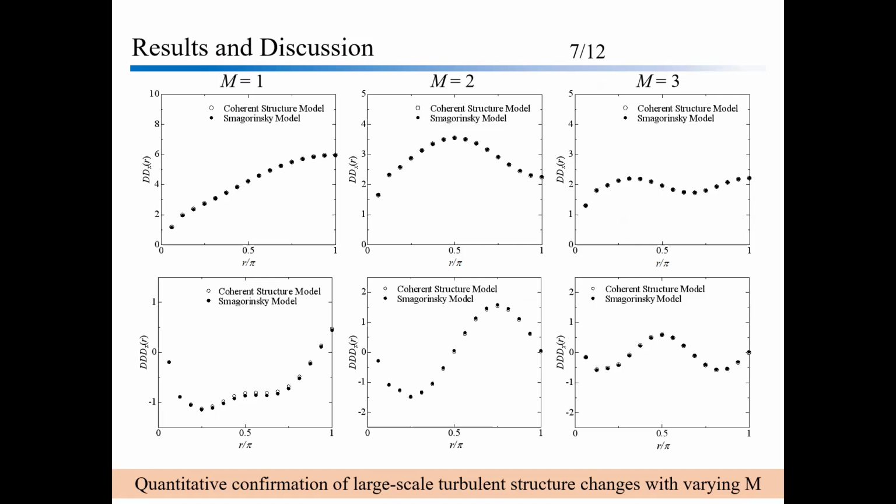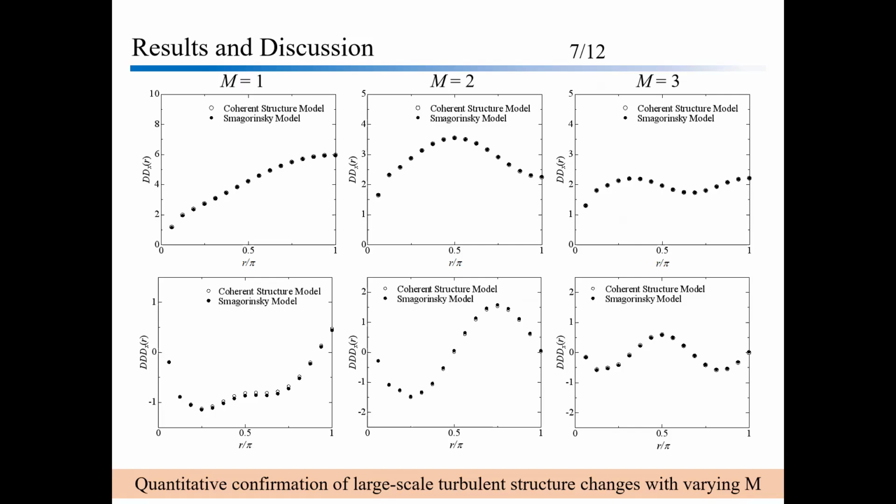For m equal 1, the second order function grows with distance. For m equal 2, it peaks around r over pi equal 1 over 2, and decreases at larger distance. For m equal 3, the second order function has the max near r over pi equal 0.33 and the minimum near r over pi equal 0.66.